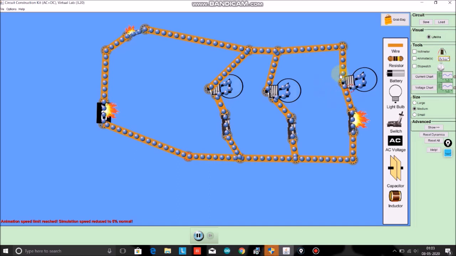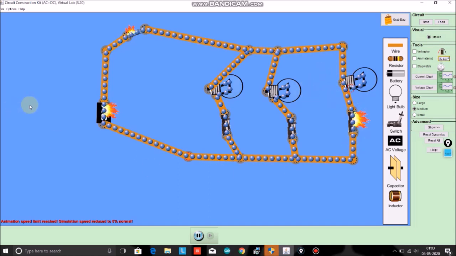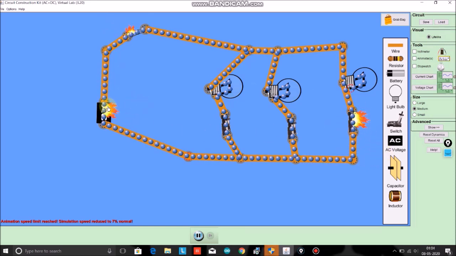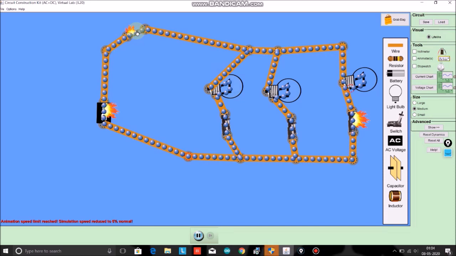Because of the short circuit, the temperature of this part is getting increased because of the fire. Here also fire has taken place. Now the melting point of the fuse wire is very low.